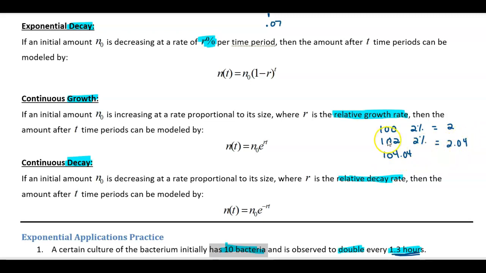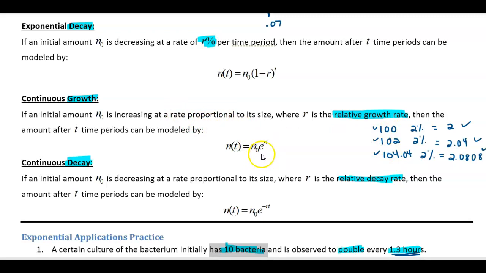Adding this 2.04 onto the 102. And then you still have the 2% growth, but it's 2% of this quantity here. That gives you a growth amount of 2.0808. So you can see this growth here is relative to the amounts that you're starting with, and that's what they're talking about here.